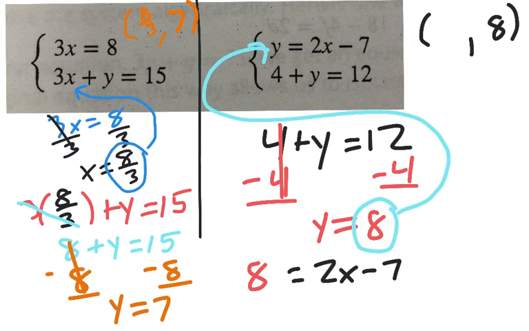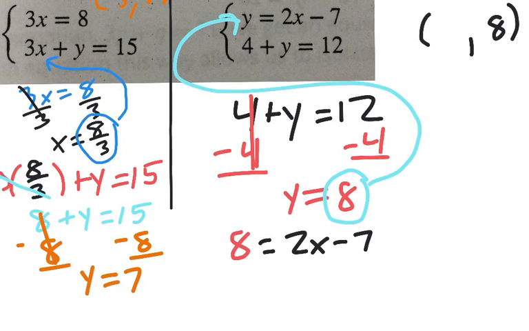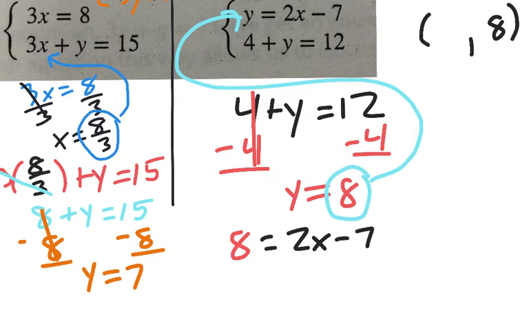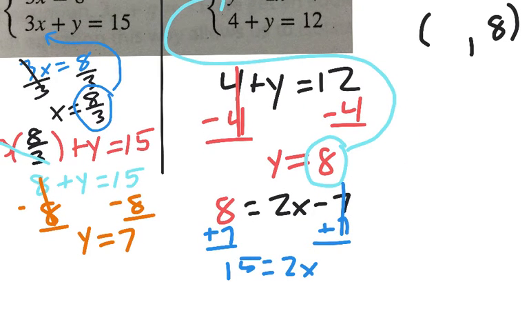Now let's get x by itself. So we would add 8. That's wrong. Add 7. So that would give me 15 equals 2x. And now x is being multiplied by 2, so I would divide by 2. So x is 7.5. So the ordered pair where these 2 points meet would be at 7.5, 8.